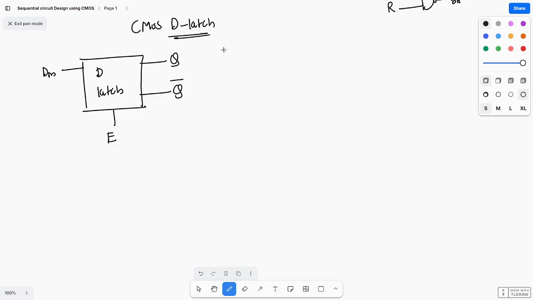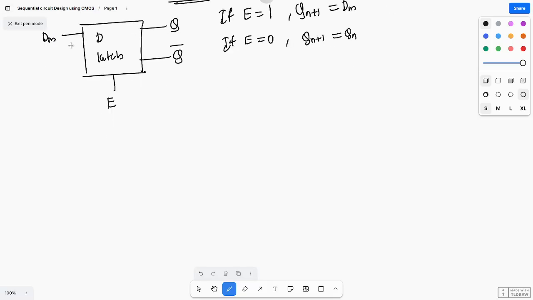What is the operation when enable equal to 1? Qn plus 1 equals D in. If enable equal to 0, it will be in the previous state, the memory state, that is Q. So you will design this D latch.